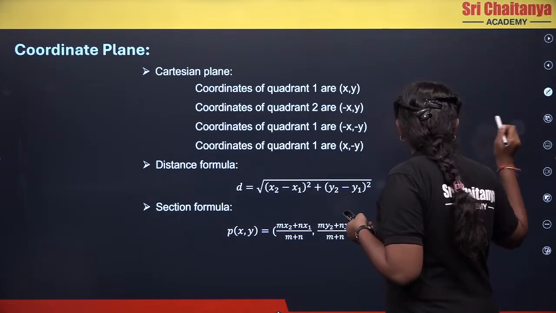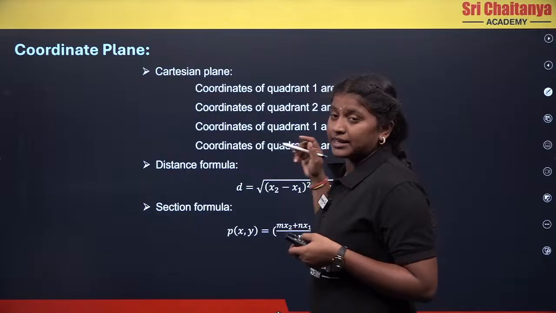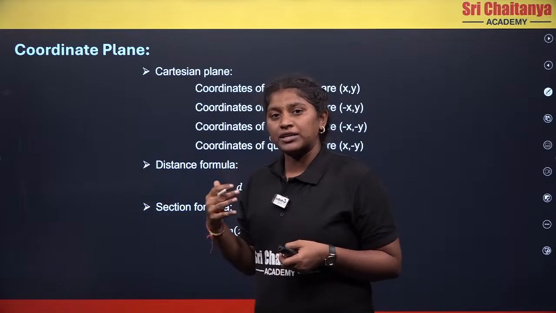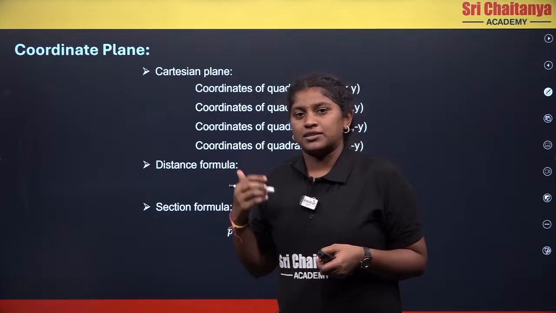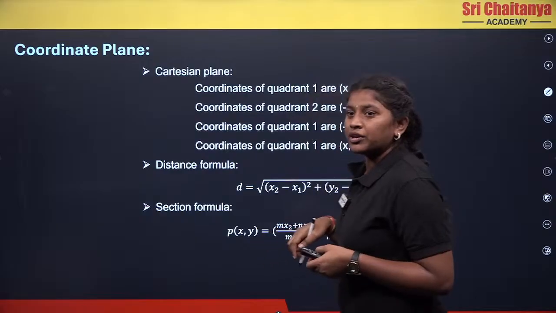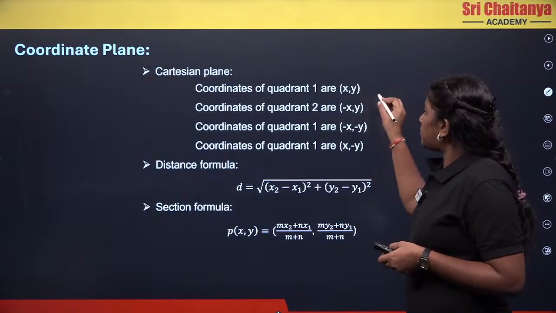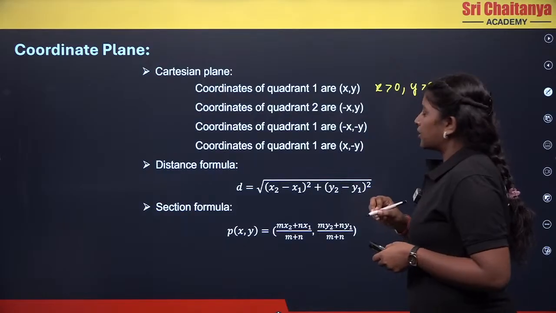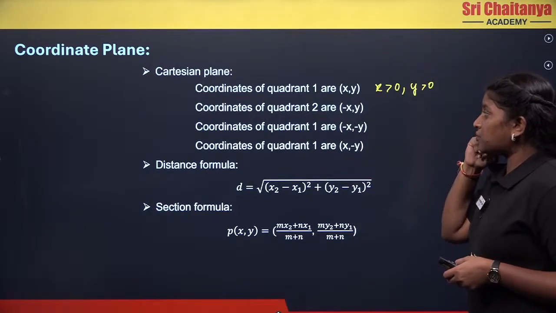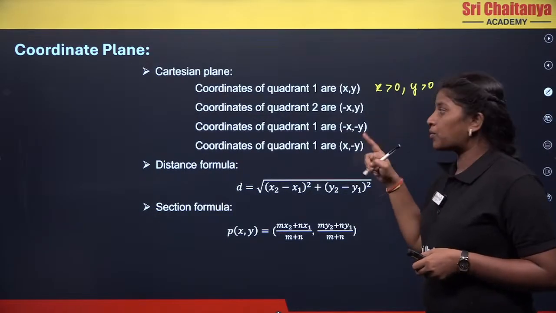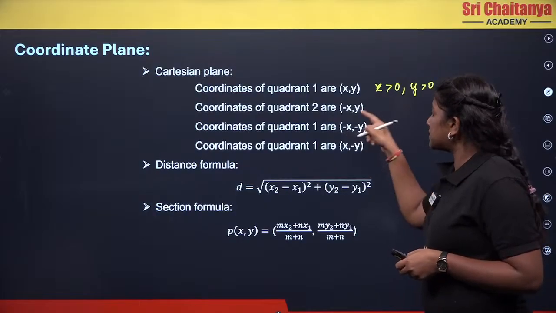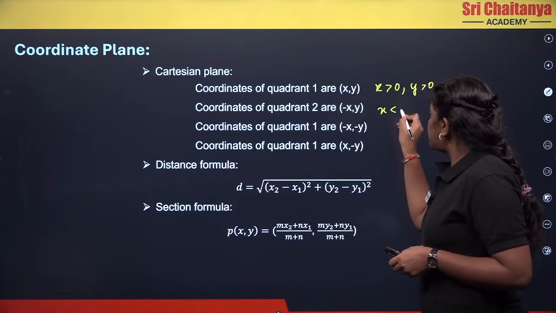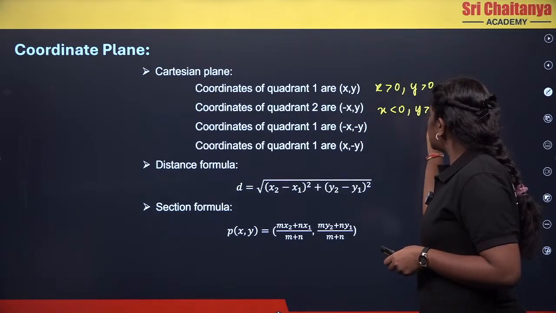Then we discussed the coordinates of the points that lie in the quadrants. Quadrant 1 is plus comma plus, where x is greater than 0 and y is also greater than 0. Quadrant 2 is minus comma plus, so x is less than 0 and y is greater than 0.